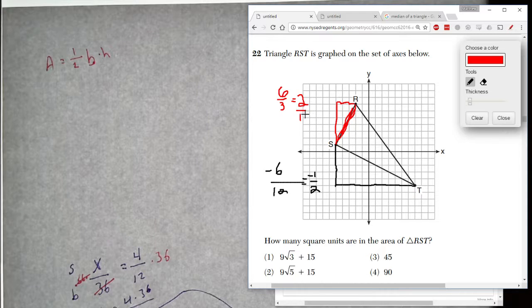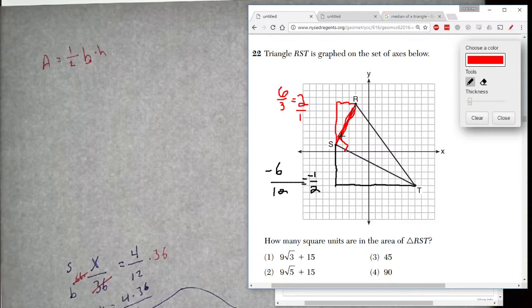I flip the numerator and the denominator, the top and the bottom, and add a negative sign. That tells me they are a right angle, which is great because I can now use RS and ST as my base and height for this formula.